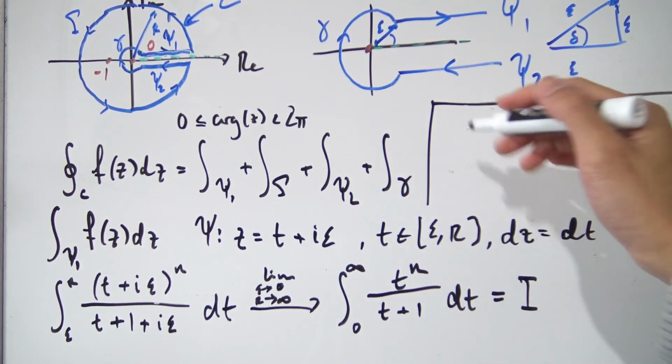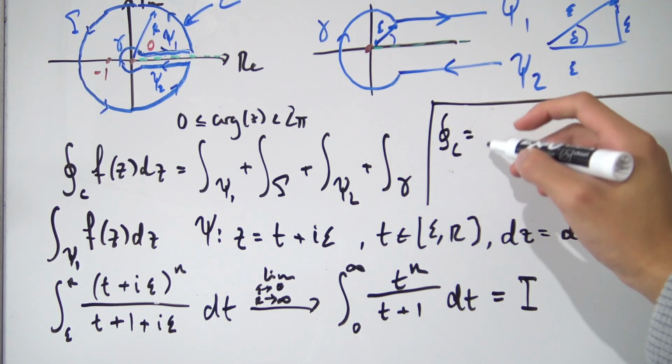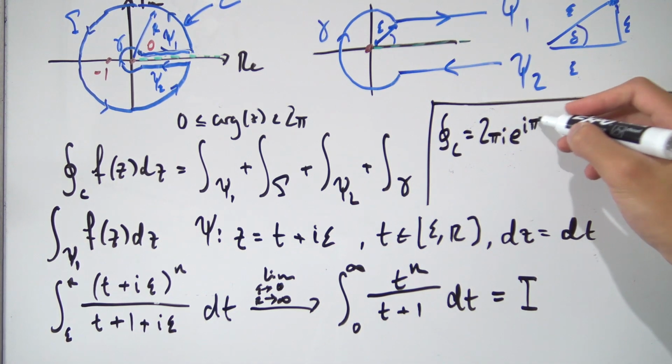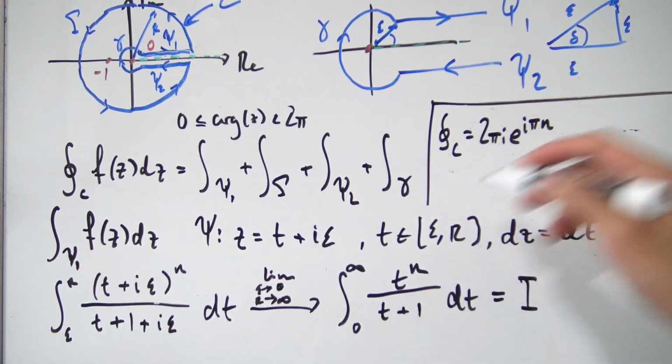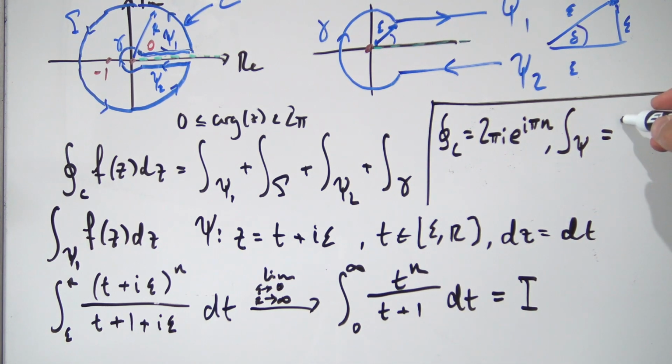I'll just write things a little bit neater. So we can write the contour integral over C is equal to 2 pi i times e to the i times pi times n. So that's the first integral, and we also have the integral over psi 1. So we're applying the limits to all of these integrals, so that's just going to give us I in the end. Alright, so that's 2 integrals done.